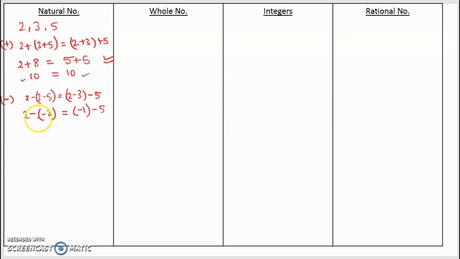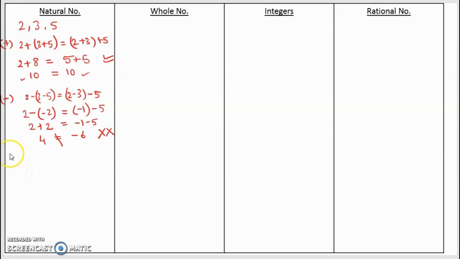So 2 minus of minus 2 is 2 plus 2, and minus 1 minus 5. So on LHS you have 4 and on RHS you have minus 6. Minus 1 minus 5 is minus 6. And you see that they are not equal, hence the natural numbers for subtraction do not follow the associative property.